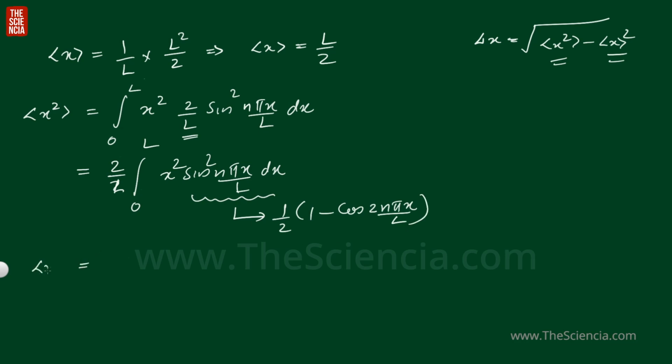So we get expectation value of x square as 2 by L into integral 0 to L x square, here 1 by 2 I missed, x square into 1 minus cos 2 n pi x by L into dx.